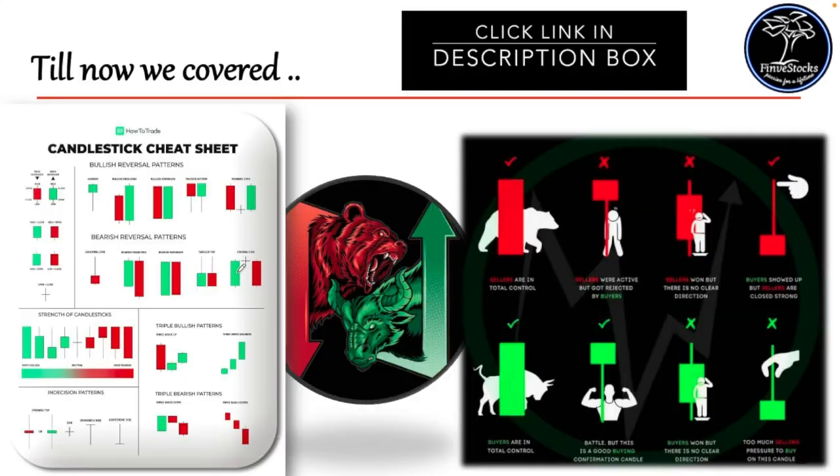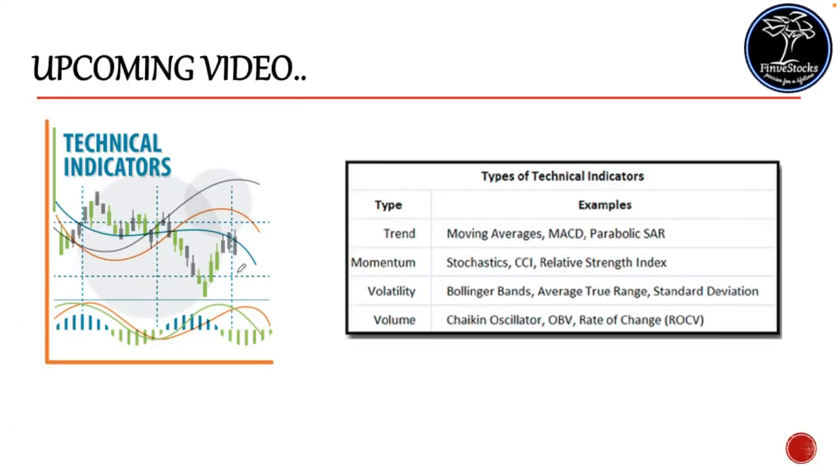In the previous videos, we covered the technical analysis part like candlestick patterns, how to define a candlestick, what the patterns are, what a multiple candlestick pattern is, what a bullish pattern and bearish pattern are. In the upcoming video, we will see technical indicators. Once you are well versed with price action, candlestick patterns and support and resistance, it's time to learn some indicators.